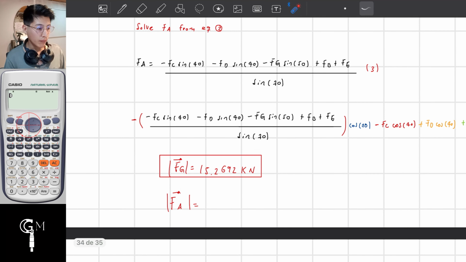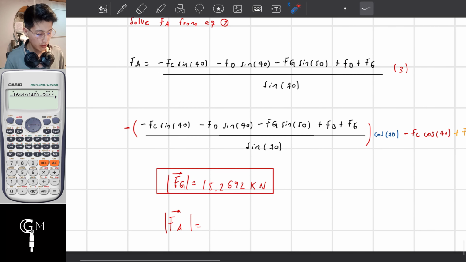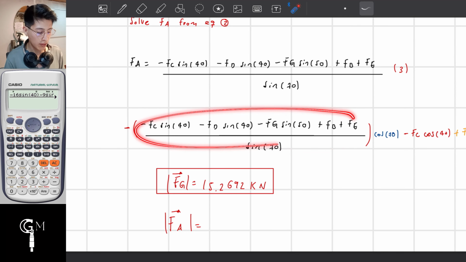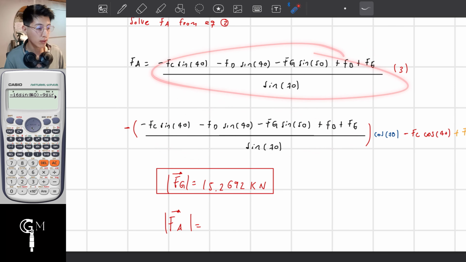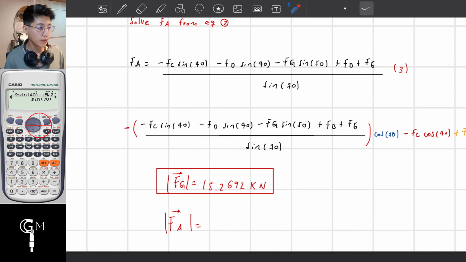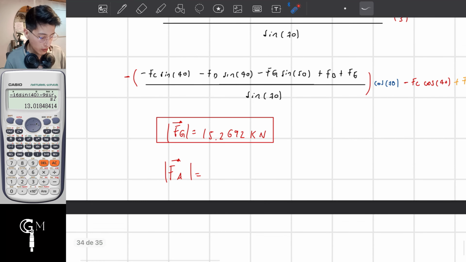So D, okay, got it. So this is the part of this equation, which is this same equation, and I just have to replace this by D. And finally this is equal to 130.0184 kilonewtons.